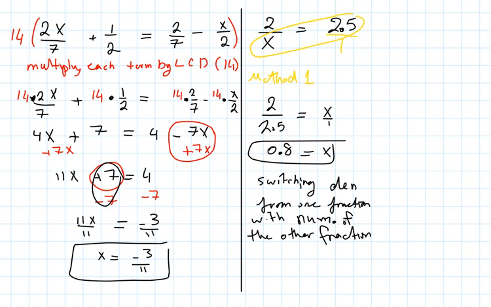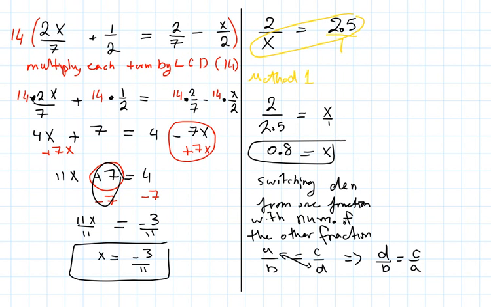And remember, equal. So we have a over b equals c over d is the same as d over b equals c over a. So this is if you switch those two around. Okay, so that's the first method.